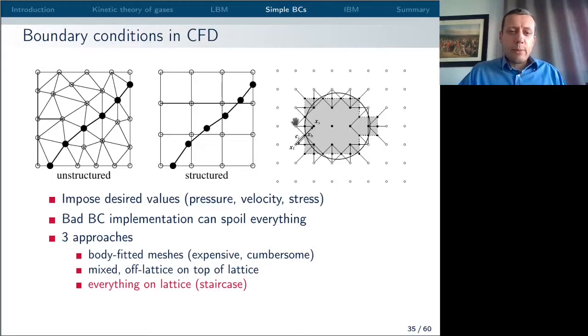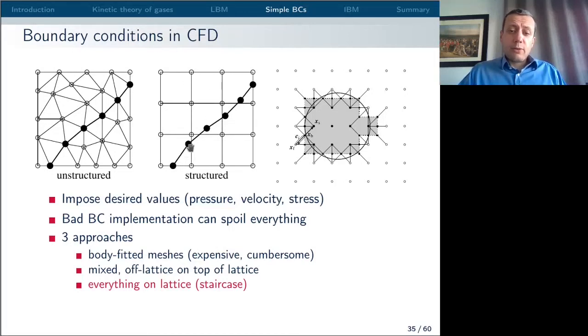There are various types of boundary conditions available in CFD. For example, if you have an unstructured mesh, then your thick solid line could be a boundary, and you may have to create a mesh that is somewhat following the shape of the boundary. You can have a structured approach where your boundary itself is arbitrary, but your lattice for the fluid is structured.